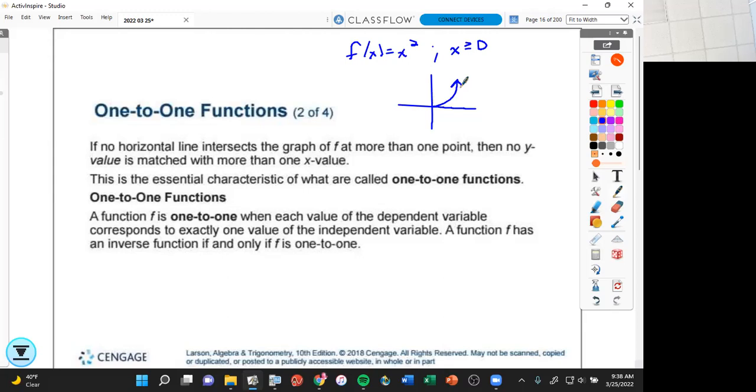Does it pass the vertical line test? Yes. So by restricting the domain on this function to x greater than or equal to 0, this function is now one-to-one. That makes sense. Can I have an inverse of this guy? Yeah. The inverse is going to look like this. F inverse of x is equal to the square root of x.